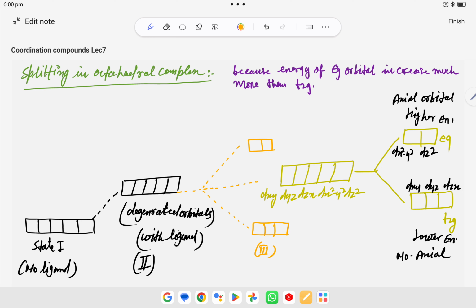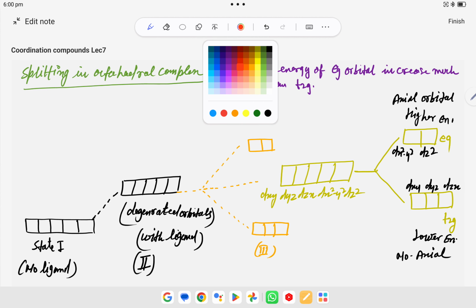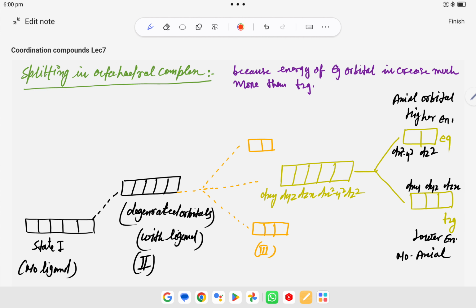Okay, in that case this gap is represented as delta naught, the crystal field splitting energy.